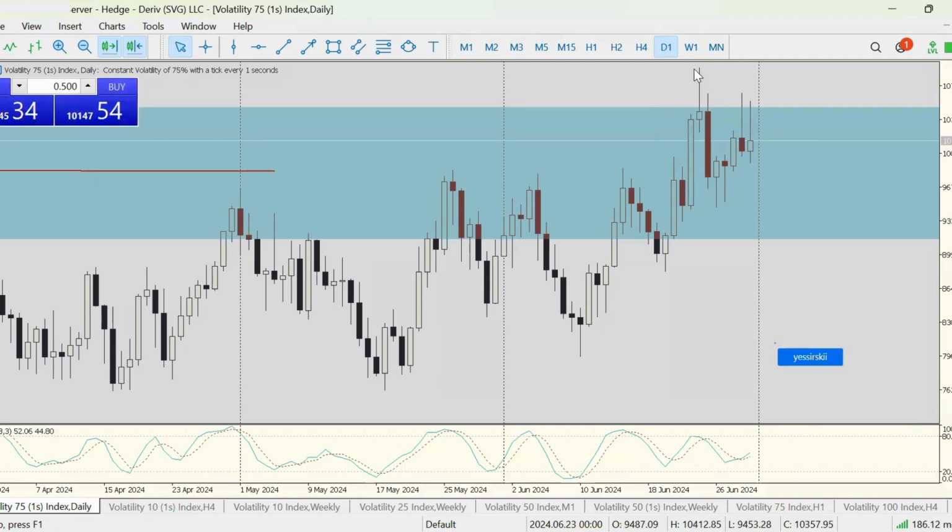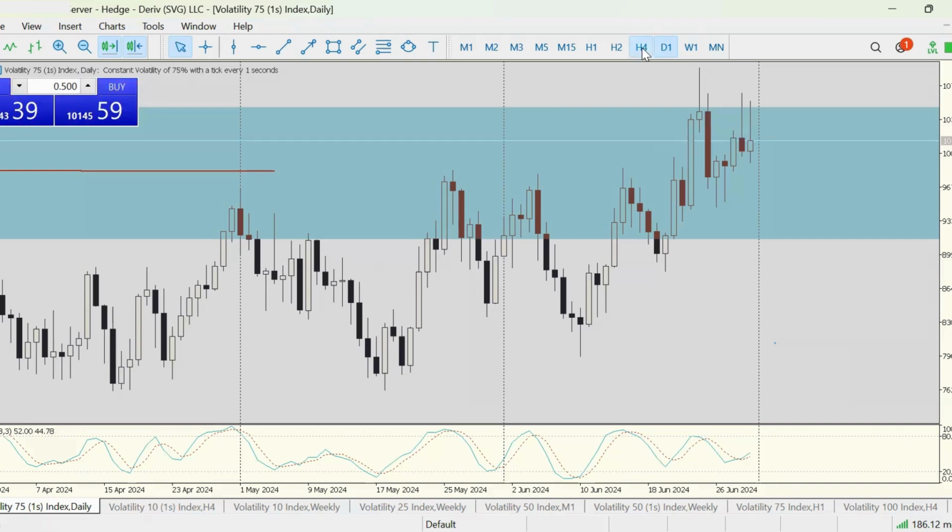So this being an intermediate-term high, we don't expect price to go beyond this level. But is it time to enter this trade? No. We want to see a clear change in delivery, which is market structure shift or CHoCH, whatever you want to call it, just same thing.